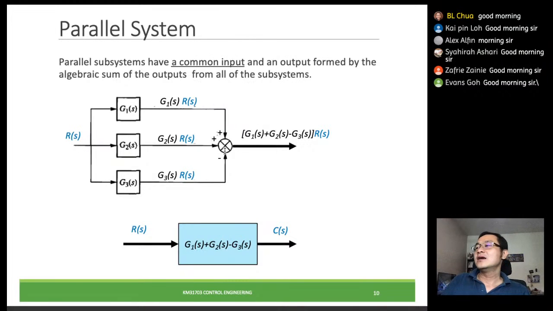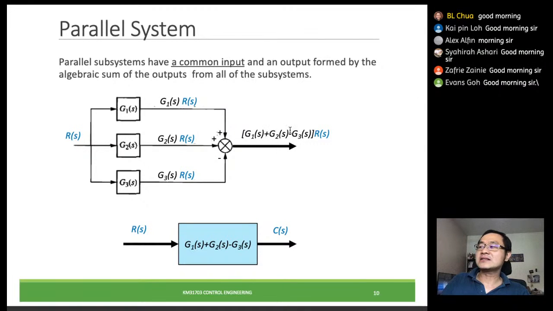Let's say this is plus plus minus; it could also be plus minus minus and so on, depending on the design of your system. So if this is plus plus minus, then this would be G1 plus G2 minus G3, since this is minus. This is what I mentioned previously: the sign will determine whether we should add or subtract.